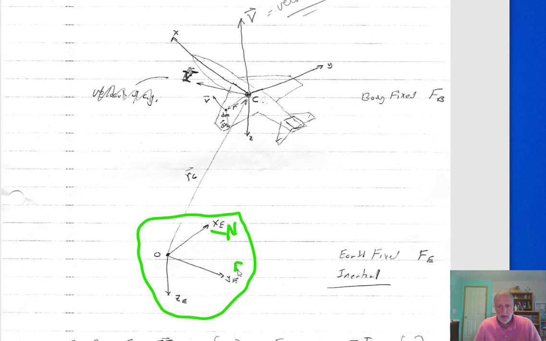And then with a right-handed coordinate system, Z is pointed down. And then the aircraft can be located relative to the origin of the Earth-fixed axis system by a position vector R_C that points to C, a point on the aircraft. And usually this is chosen to be the center of gravity.